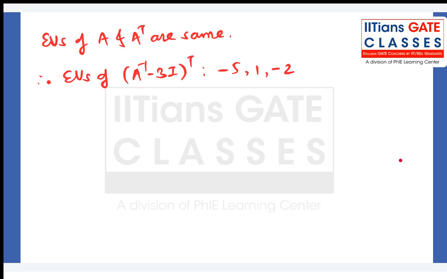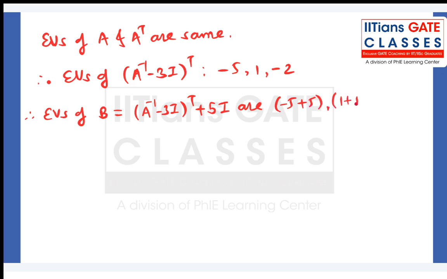Therefore the eigenvalues of matrix B, which is A inverse minus 3i transpose plus 5i, are minus 5 plus 5, 1 plus 5 and minus 2 plus 5. So the eigenvalues of your matrix B are 0, 6 and 3.